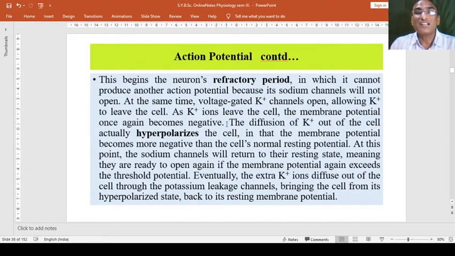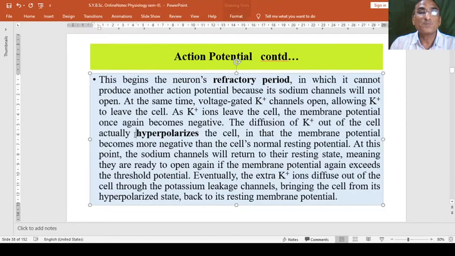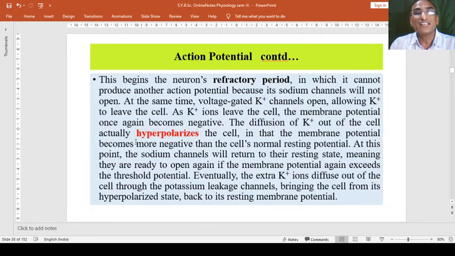We have already studied the positive and negative millivolt powers, and positive and negative ions and their movement through the membrane, which changes the potential from positive to negative. And this diffusion of potassium out of the cell actually hyperpolarizes. This is one more different thing to be explained here, as a hyperpolarization.